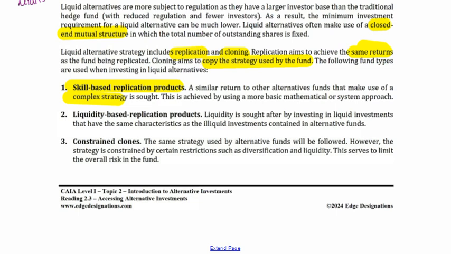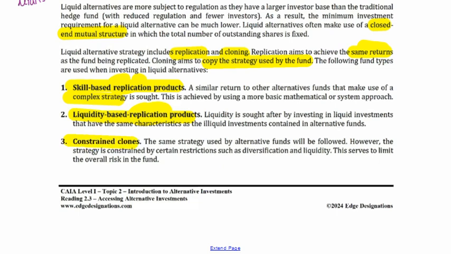Then we've got liquidity-based replication products, where we try to replicate the returns of a liquid investment that has the same characteristics as the illiquid investments in my alternative fund. Those were both replication. I just want to get the same return.